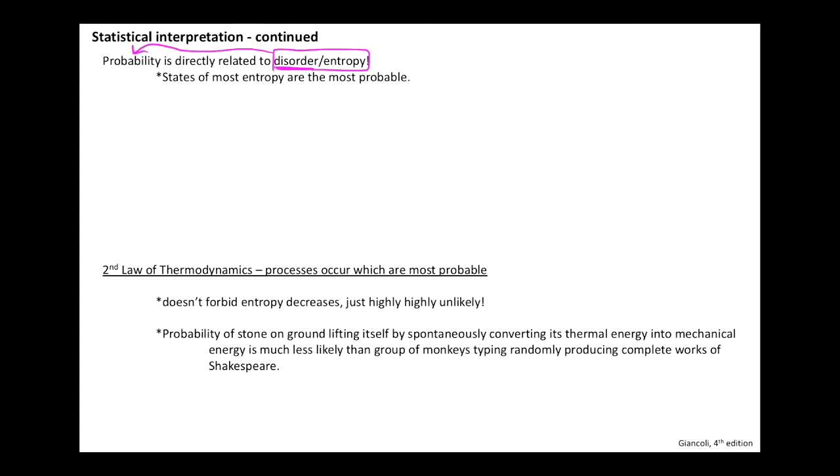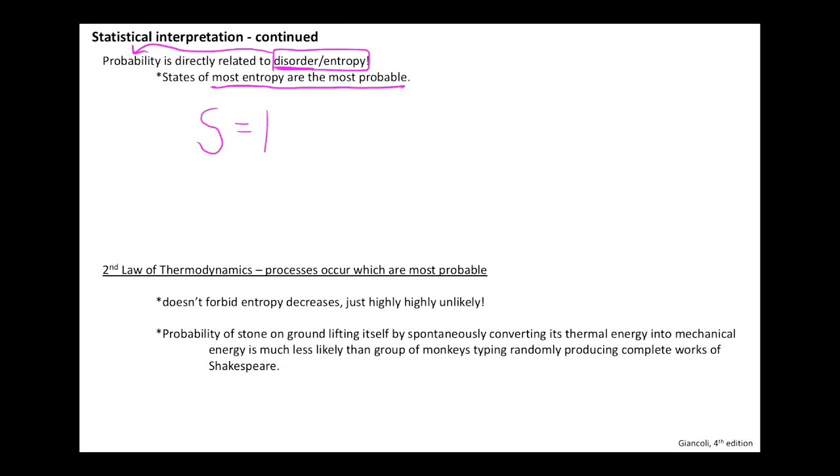So we can add one equation to this whole thing, and for some reason things won't scroll. There we go. That's what we wanted. We can say that states of the most entropy are the most probable, and we have an equation that relates some of this stuff together. We're not really going to do anything with it. I want you to just be aware of it.